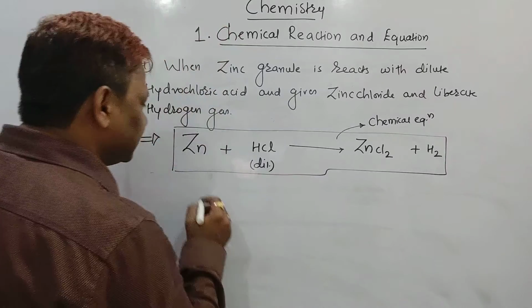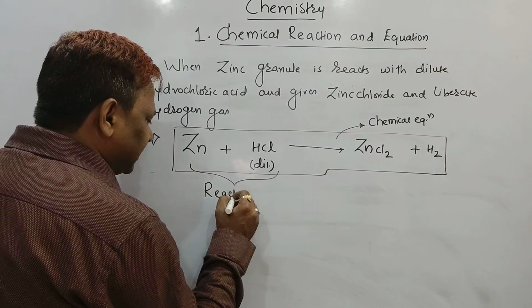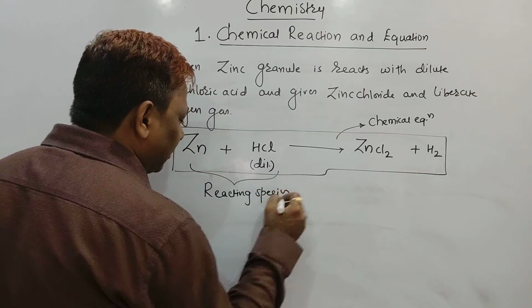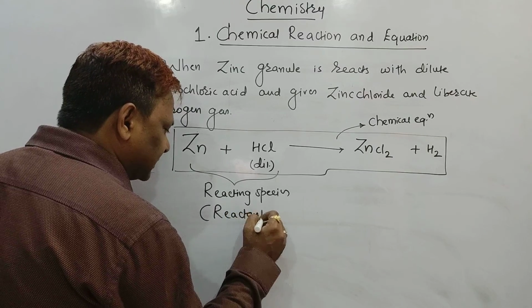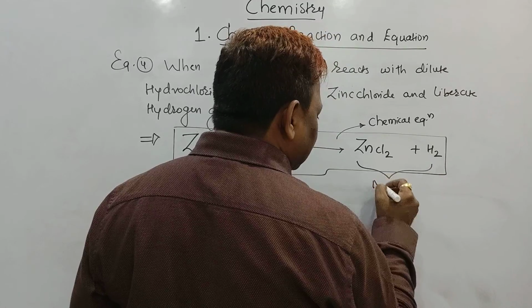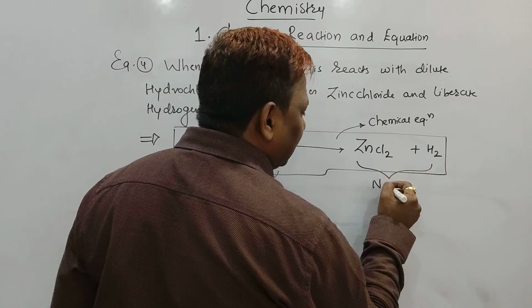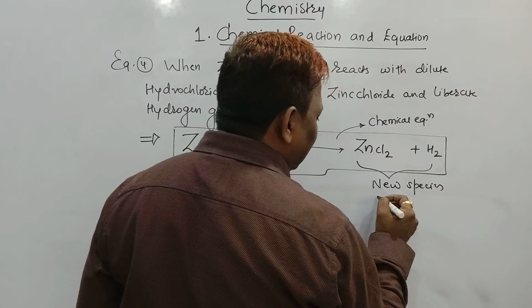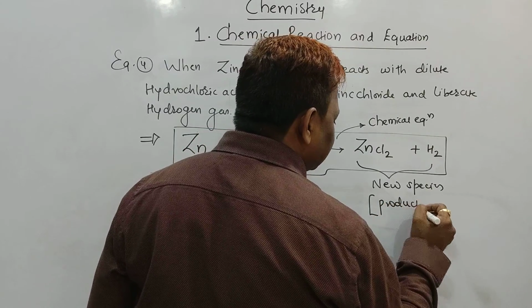In this chemical equation, these are the reacting species, and according to the definition, these reacting species are called reactants. These reacting species react together and form new compounds, or new species, and these new species which are formed here are called the product.